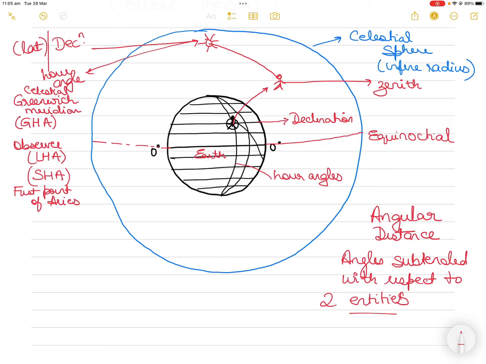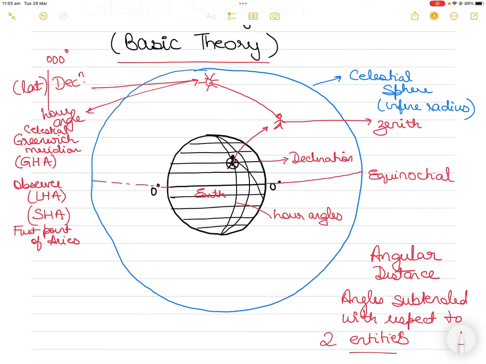So let's say there is a sun here, as you see, and then I subtend my prime meridian here and call it the Greenwich meridian, and then the angle between the celestial body, the celestial Greenwich meridian, and the observer can be measured to find the position of the observer.